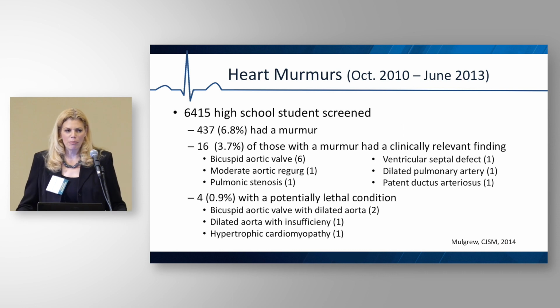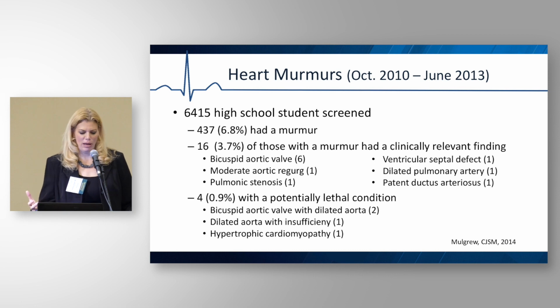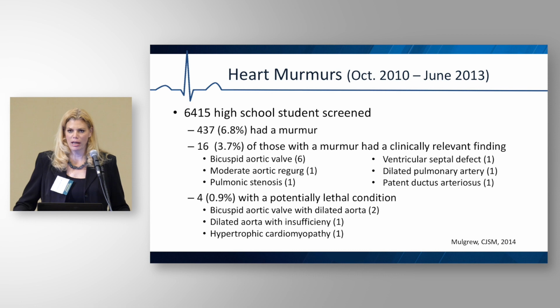The interesting thing about this is that about 85% of those murmurs were characterized as grade 1 or grade 2, about 15% as grade 3 or higher, but there's absolutely no correlation between how the murmur was characterized as being either pathologic or benign, and whether or not it actually was associated with any sort of pathology. So about 1 in 27 kids that had a murmur had a clinically relevant finding. About 1 in 100 kids had something that could be potentially associated with sudden cardiac death.